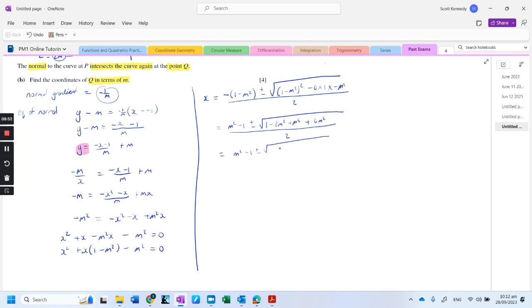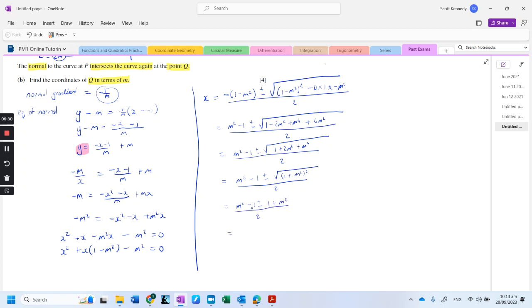Now looking here, we can simplify and we get 1 plus 2m squared plus m to the power of 4 all over 2. Now, underneath that square root, I can see that I can factorize that to 1 plus m squared all squared over 2. Now, because that's a square, we can then square root it, which gives us 1 plus m squared all over 2.